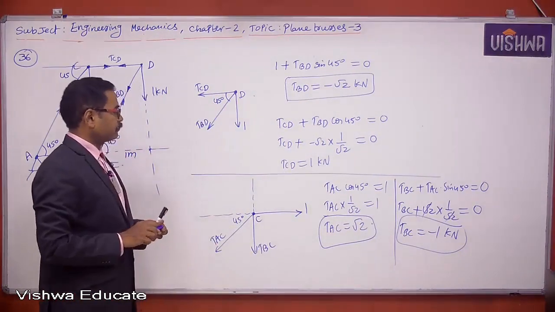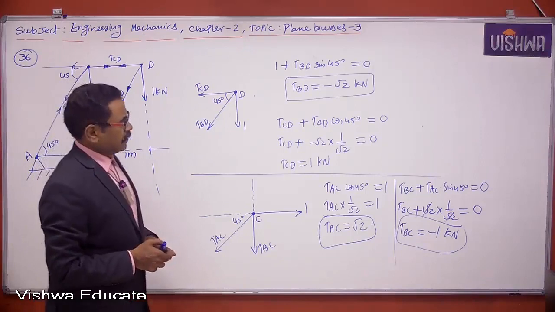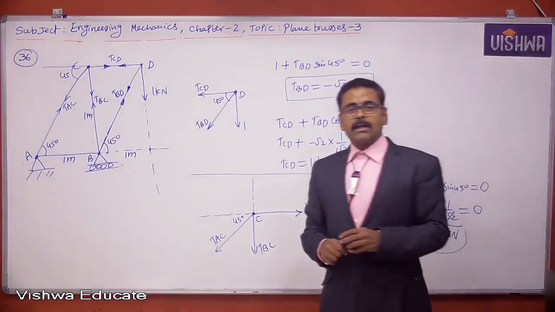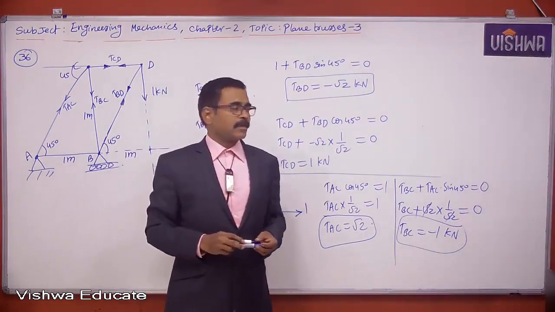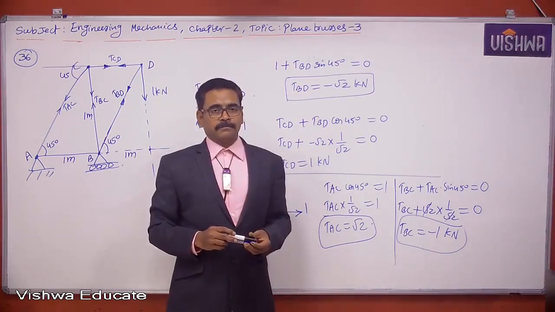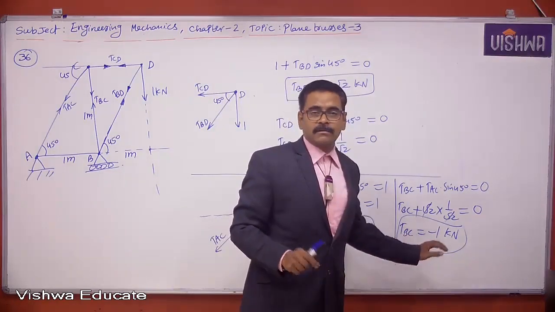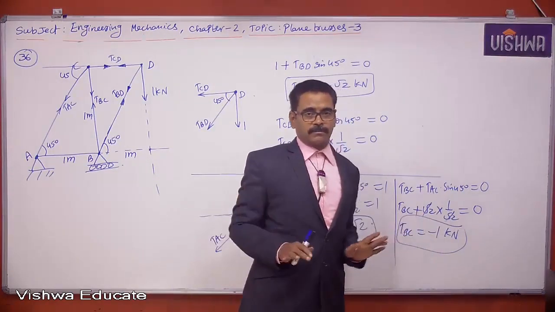So the force carried by member BC is a compressive force of 1 kilonewton. Minus indicates compression. A compressive force of 1 kilonewton. So in the GATE exam they give answers as TBC is equal to 1 kilonewton compression or minus 1, both are same.